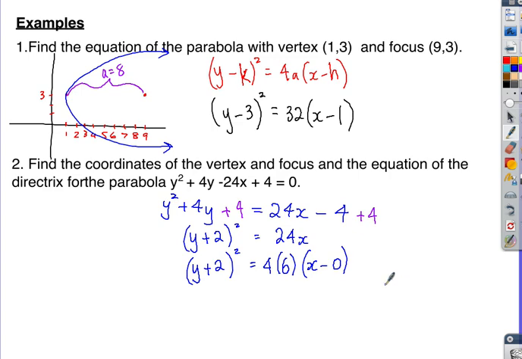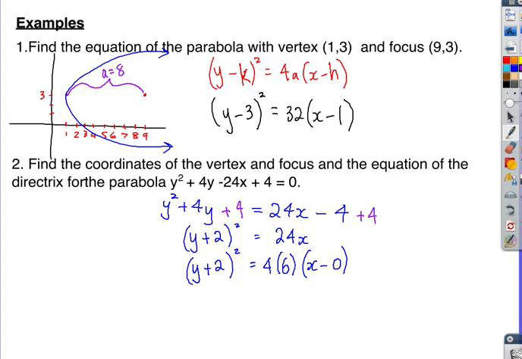So 24x, and then you've got the minus 0 there, because now you can see clearly what the vertex is, HK. Why is it 0? Because if you put another number there, it would change it. When you expand, x minus 0 is just x, times 24 is 24x.